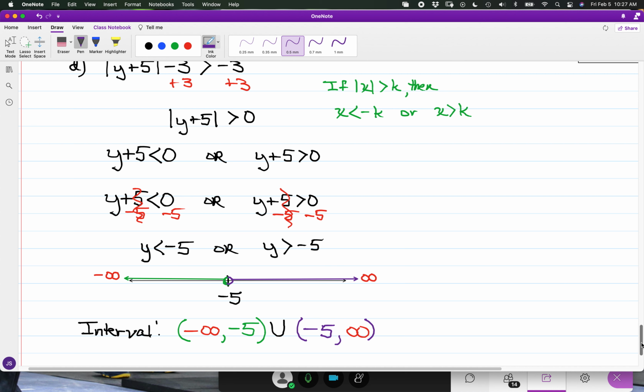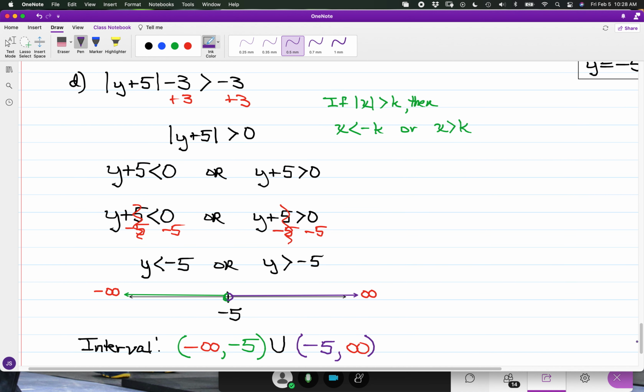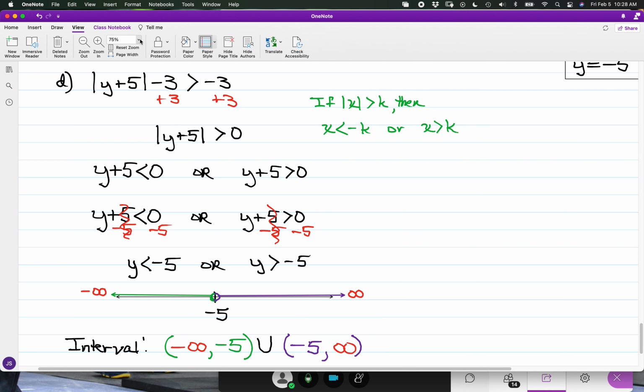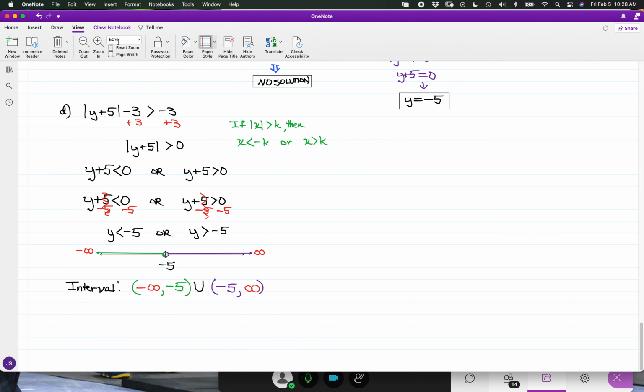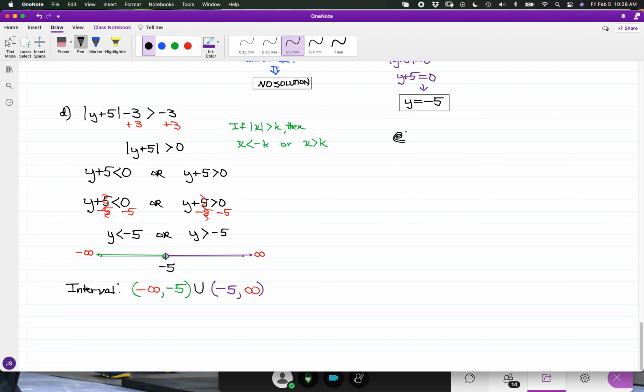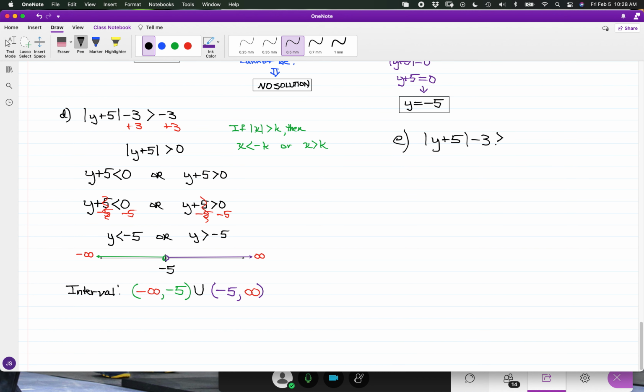Now, for the case in part E, just ever so slightly transitioning. You have the absolute value of y plus 5 minus 3 is greater than or equal to -3.